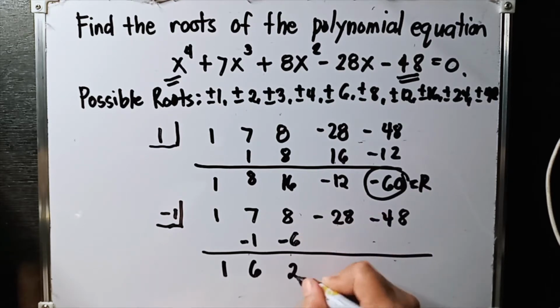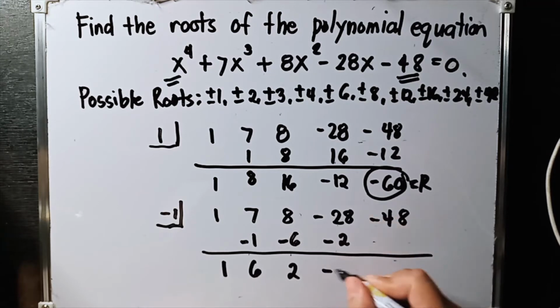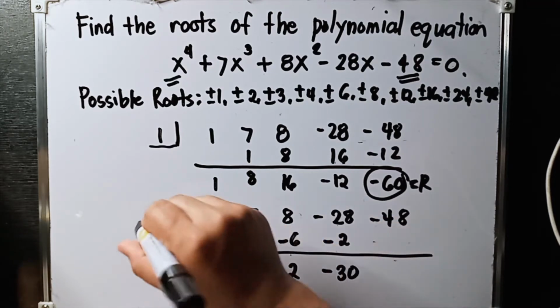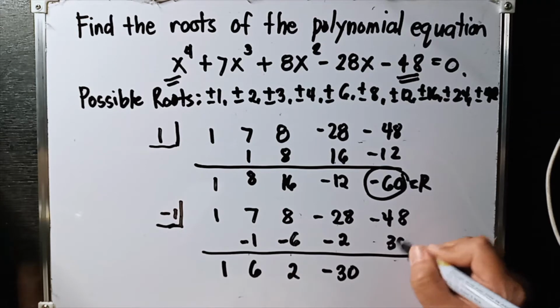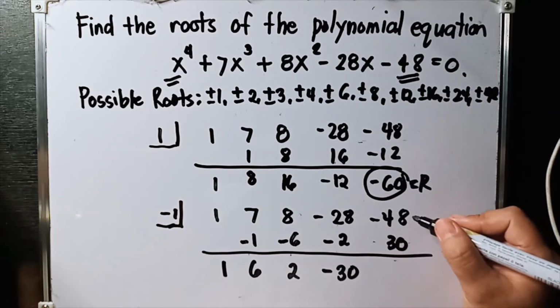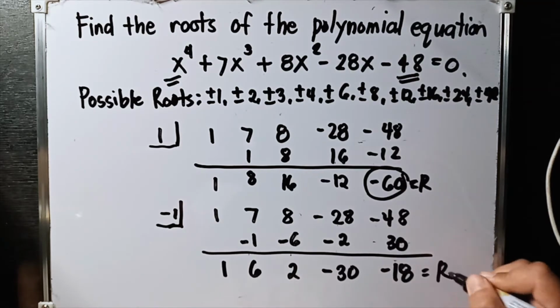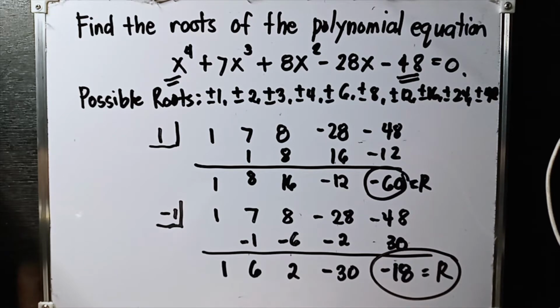We add, we have positive 2. We multiply, we have negative 2. We add, we have negative 30. Negative 30 times negative 1 is positive 30. And then we add, we have negative 18. Again, we have a remainder, which is negative 18.